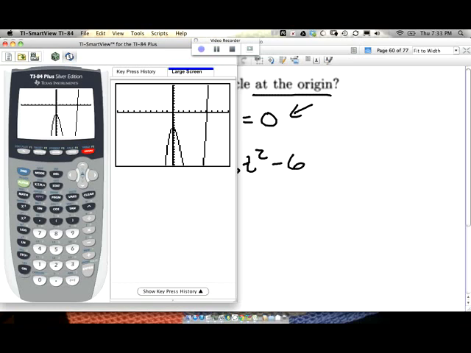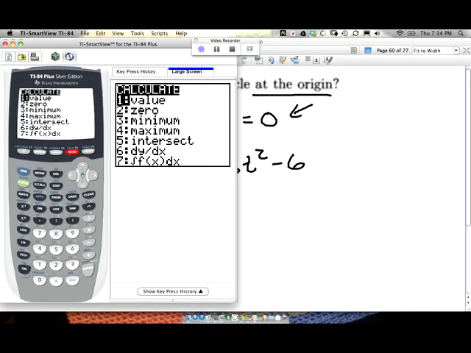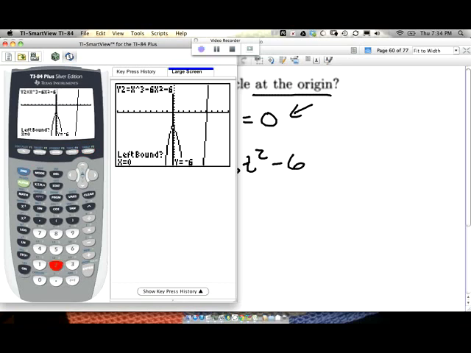When is that 0? That looks like it's at 1, 2, 3, 4, 5, 6. But just to check, we do second, calculate, zero, and I think it's at 6. So I'm going to guess it's between 5 and 7. 5 is the left bound, 7 is the right bound, 6 is my guess. And, ooh, I'm a little bit off. It's actually at 6.158.